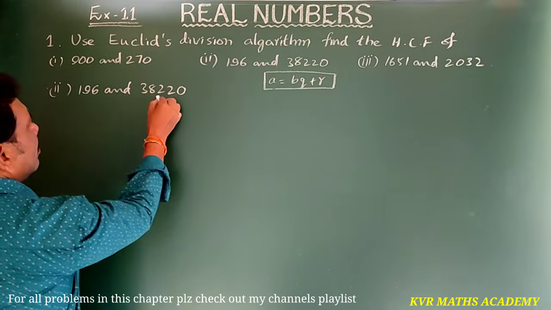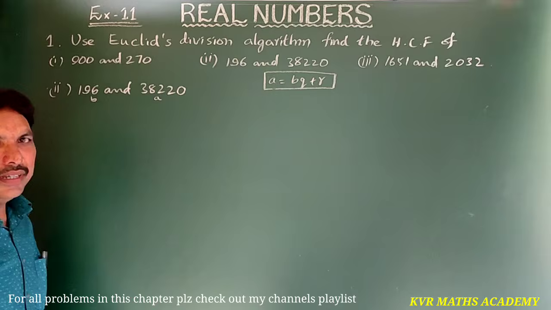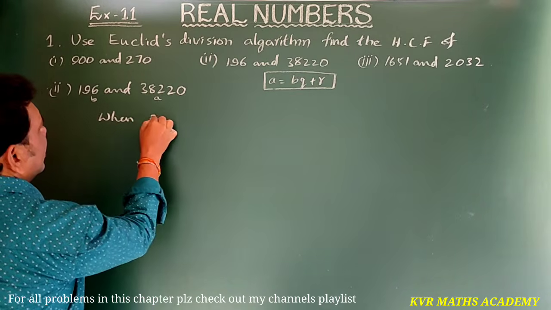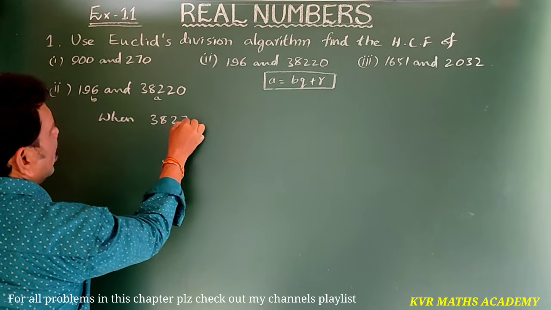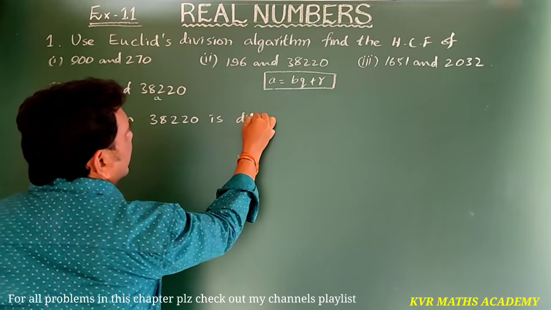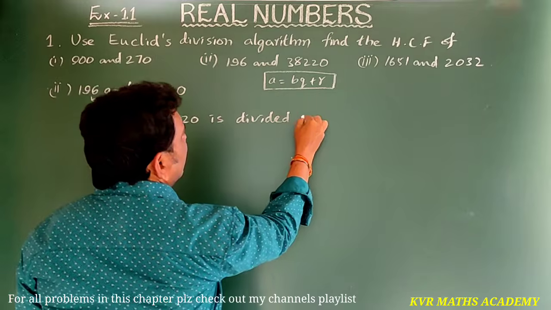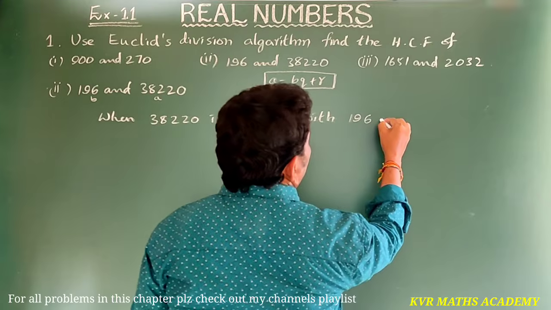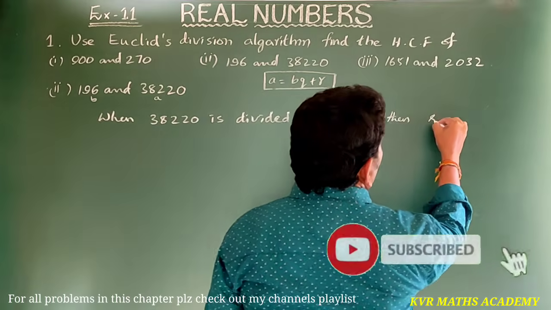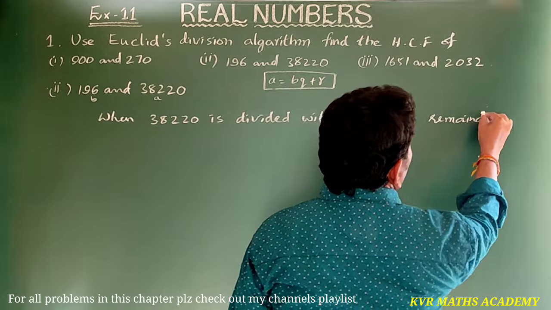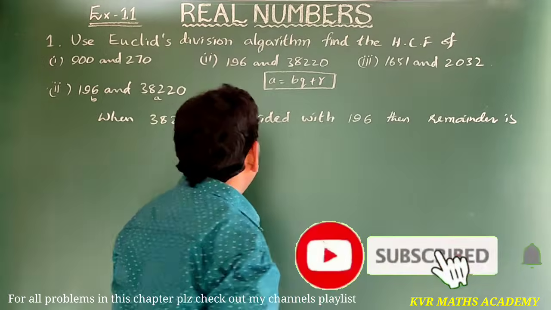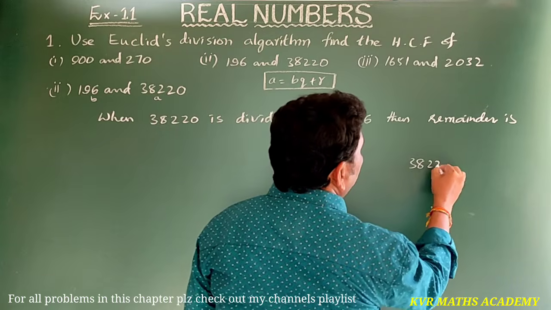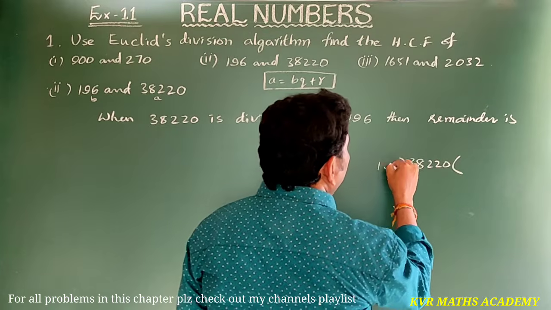So we take this as a and this as b. 38,220 is divided with 196, then what is the remainder? Let us roughly divide 38,220 by 196.